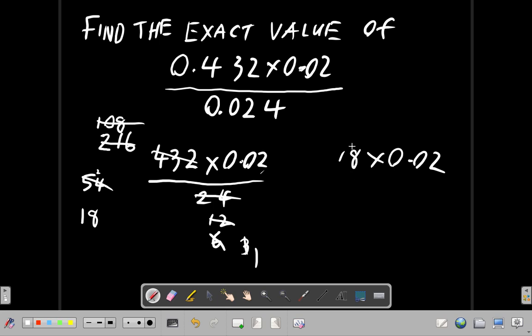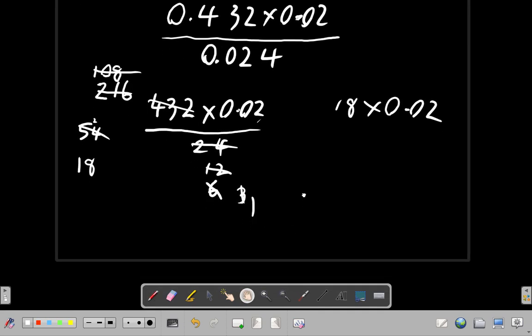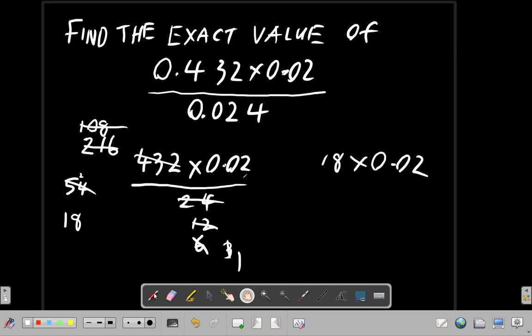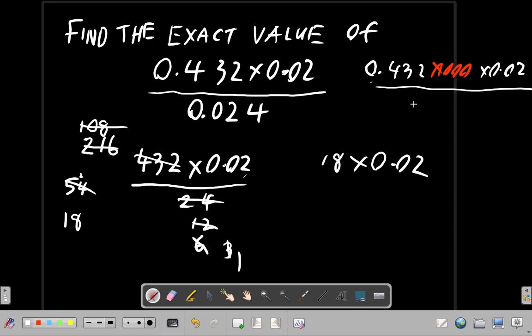So just to backtrack, remember what we did here was to multiply numerator and denominator by 1,000. So we would have 0.432 times 1,000 times 0.02 over 0.024 times 1,000.